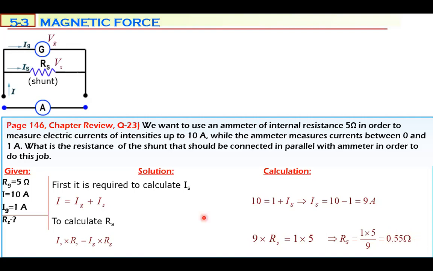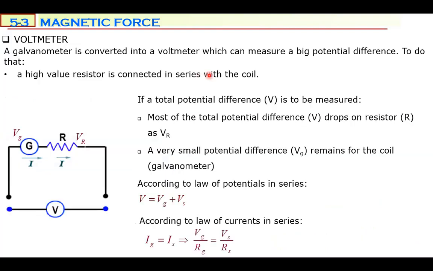And this galvanometer can also be converted to a voltmeter, which can measure very big potential difference. But to do that, we are going to use a high value resistor this time, and connect it in series with the coil like this. In a series combination, electric currents are equal, so the current through the galvanometer and through this resistor must be equal.